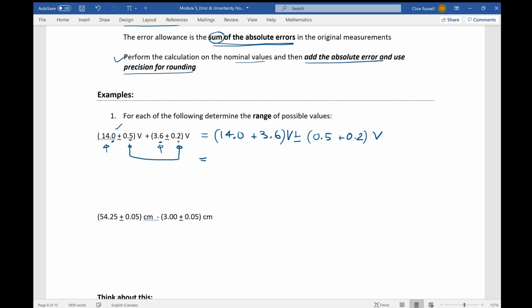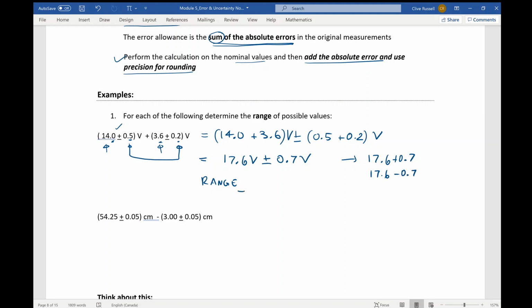So this just gives us 14.0 plus 3.6 is 17.6 volts, and we're adding or subtracting 0.5 plus 0.2, which gives us 0.7 volts. So therefore, what's our range? Well, we have to find the maximum and minimum values. So it's going to be 17.6 plus 0.7, and also 17.6 minus 0.7.